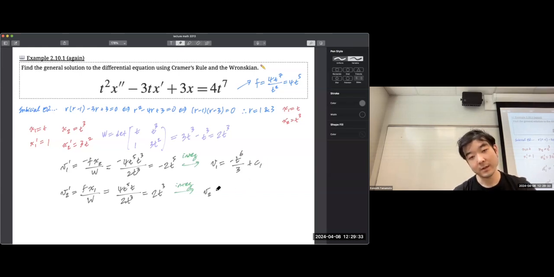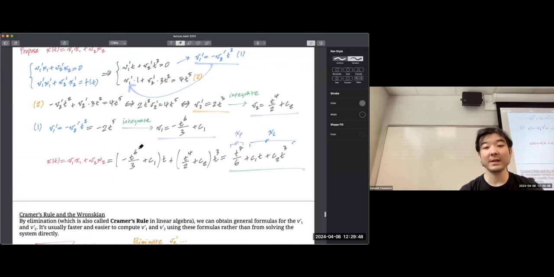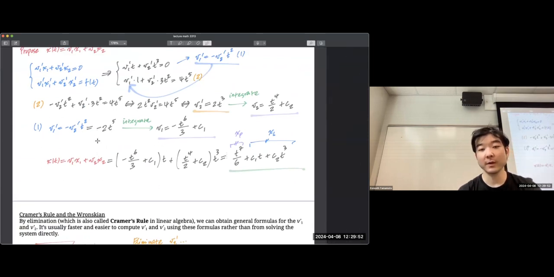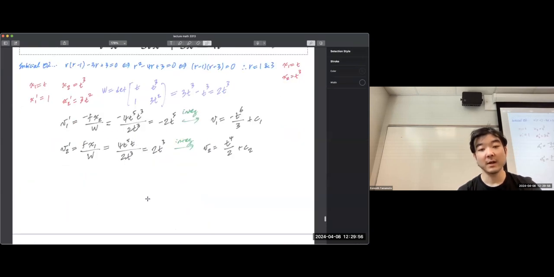And then v2 is going to equal t to the 4 over 2 plus C2. And then the rest is the same. You'll notice that that was exactly the same thing that we got earlier by just traditional high school algebra using the substitution method. I'll just copy and paste that in.